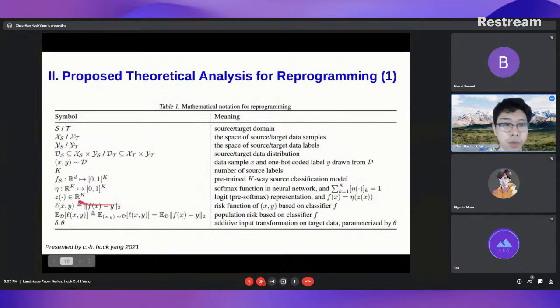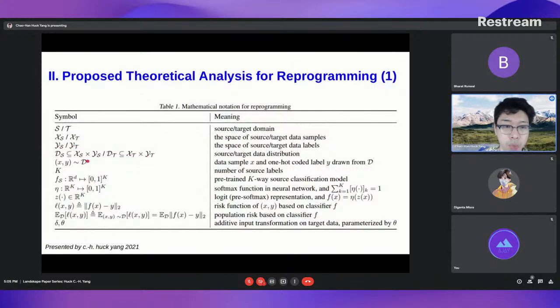So first we have a source and target domain. But one difference is that the spaces of the source and target data samples can be different, for example the input shape or the labels can be different. So we have X of source and X of target, and also Y of the source labels and target labels.